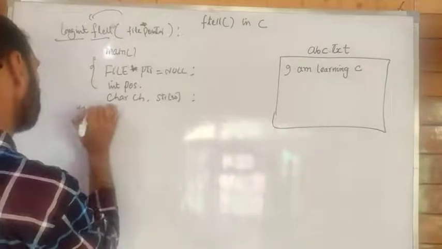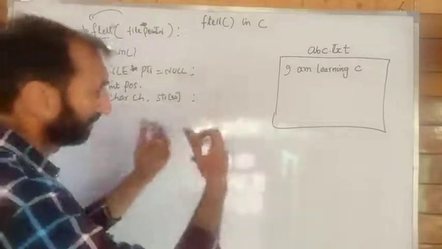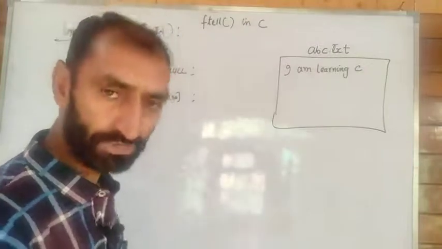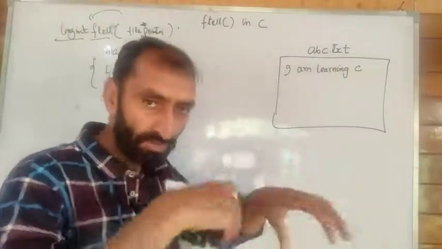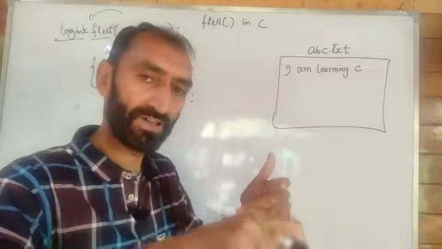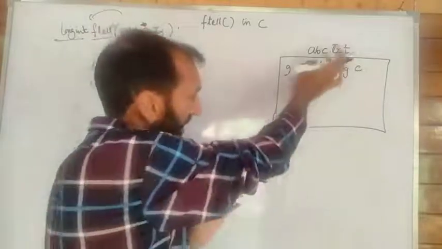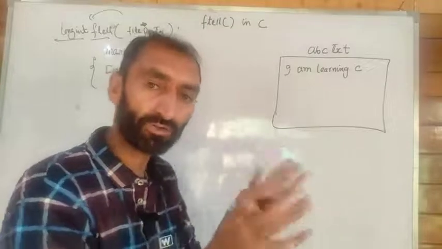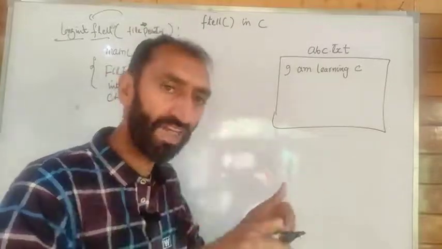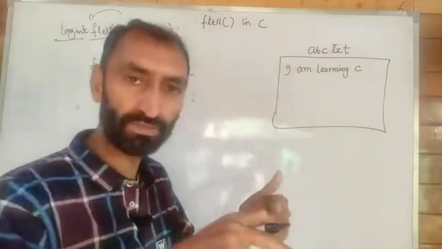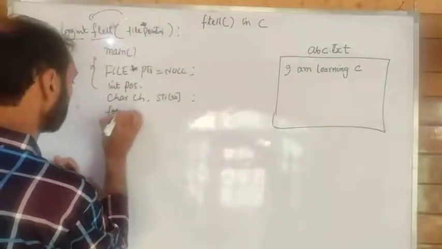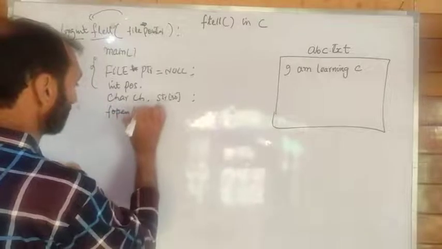First of all, we will open this file abc.txt in read mode, because we know that in order to perform any operation on a file, we must first open it. So the name of the file is abc.txt, and first of all we have to open it. In order to open the file, we use the fopen function, and we know it takes two arguments.